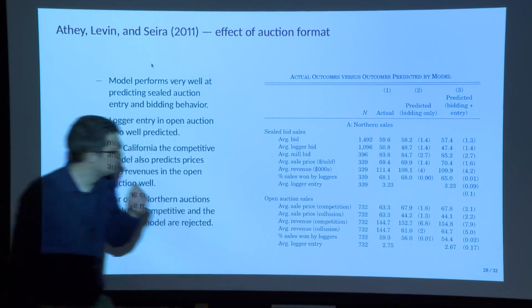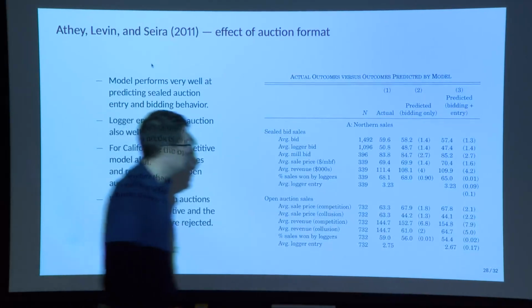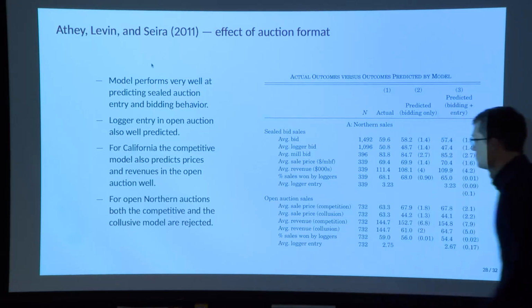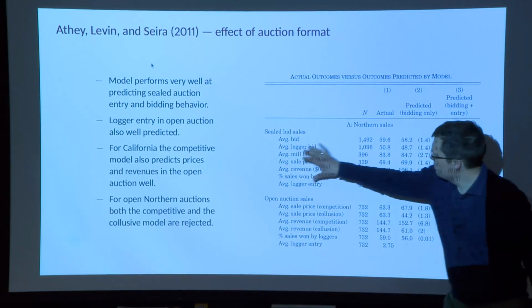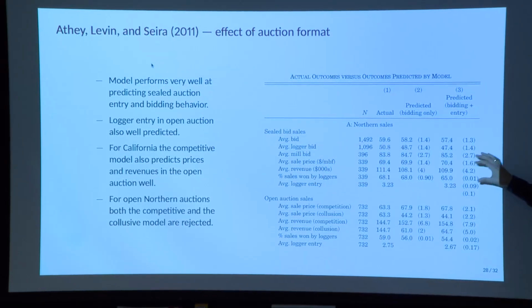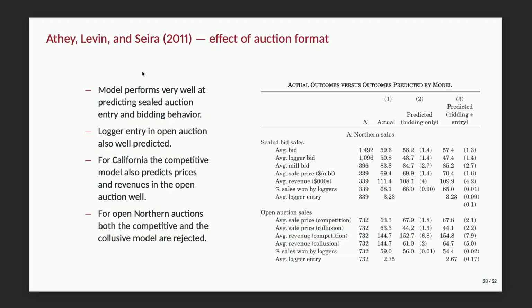Okay. So what they find here is you can sort of go through this. So the big picture is for sealed bids, the model does really, really well, as we would typically expect. If you think back to what we did in GPV, right, we rationalized each bid exactly, by finding a valuation that matches each bid exactly.